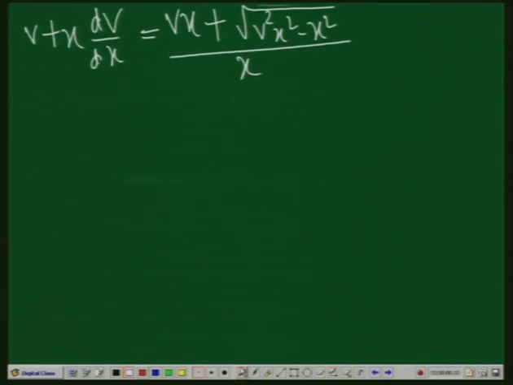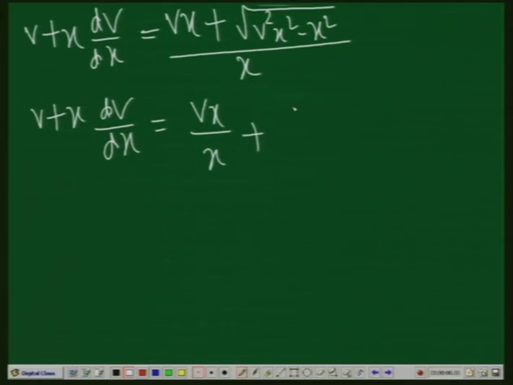Now it's v plus x into dv by dx equals to, separate it, it is vx by x plus, I'll take x square outside, so it becomes x into root of v square minus 1 divided by x.